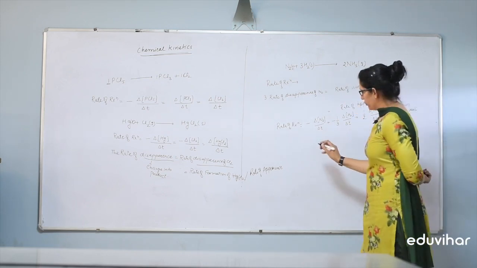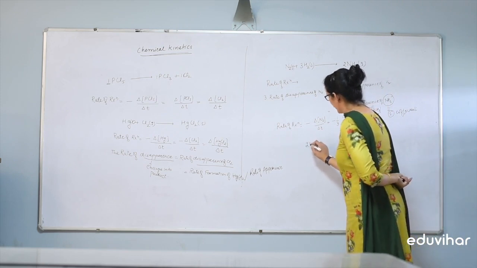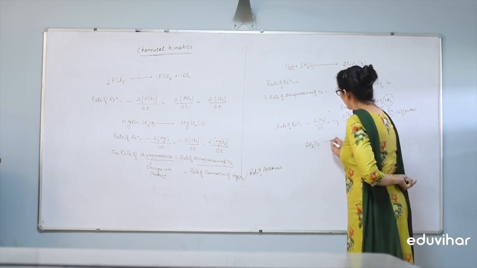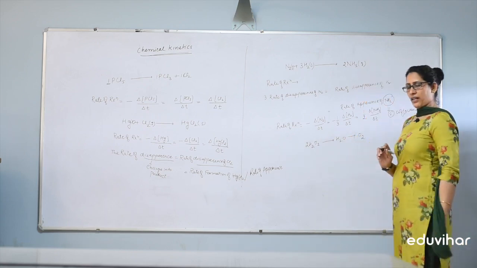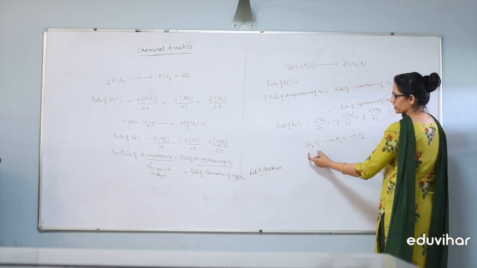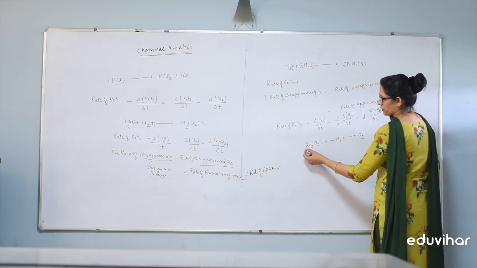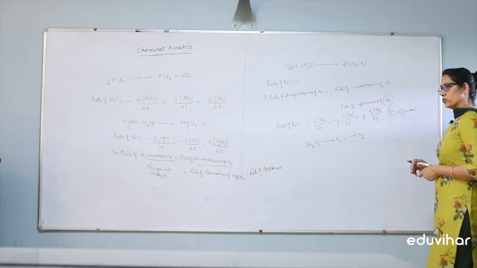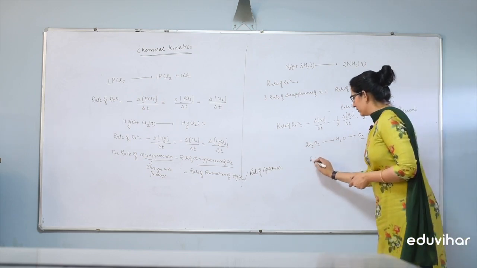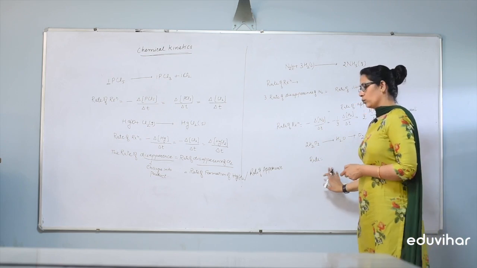Okay, write down one more reaction. Write down the rate of reaction for this reaction. The decomposition of peroxide: 2 moles of hydrogen peroxide change into H2O plus O2. Write down the rate.